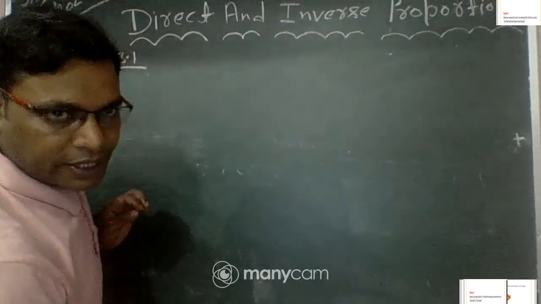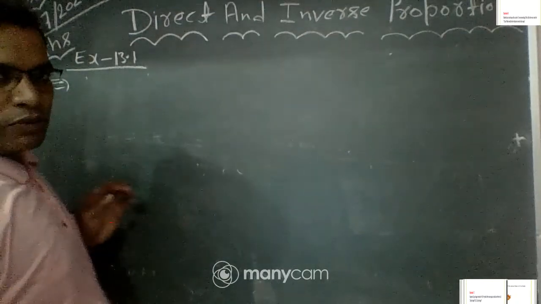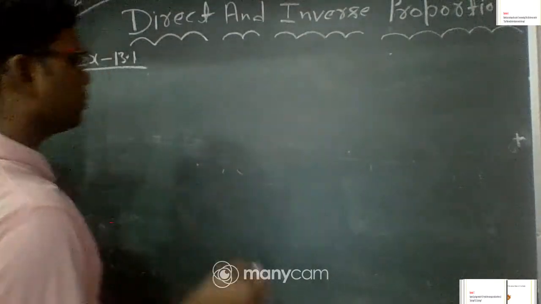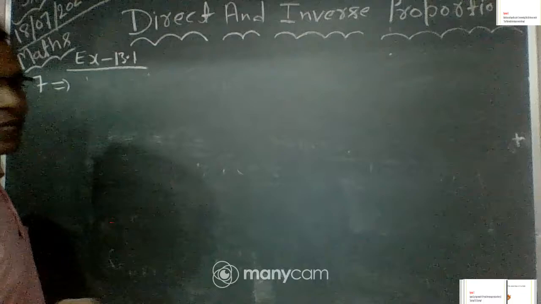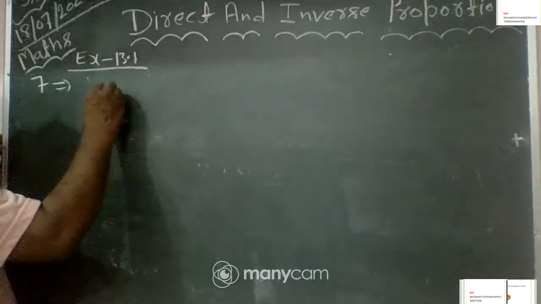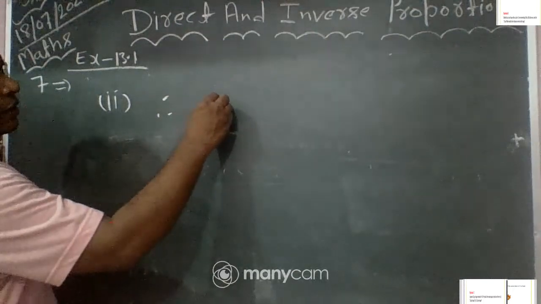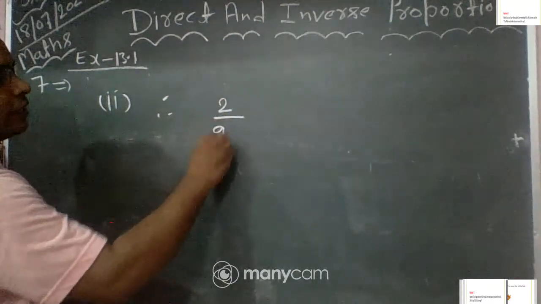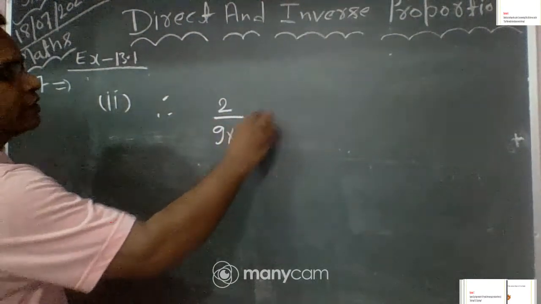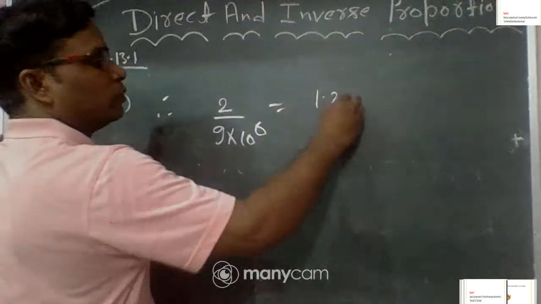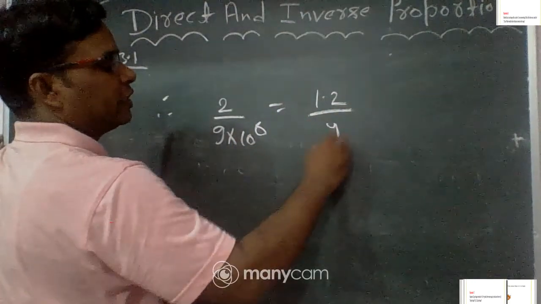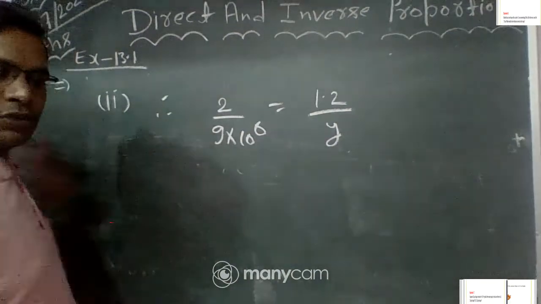We are going to find the number of sugar crystals in 1.2 kg sugar, because they are in direct proportion. So you can write here 2 by 9 into 10 power 6 is equal to 1.2 kg sugar. The number of crystals we let y.